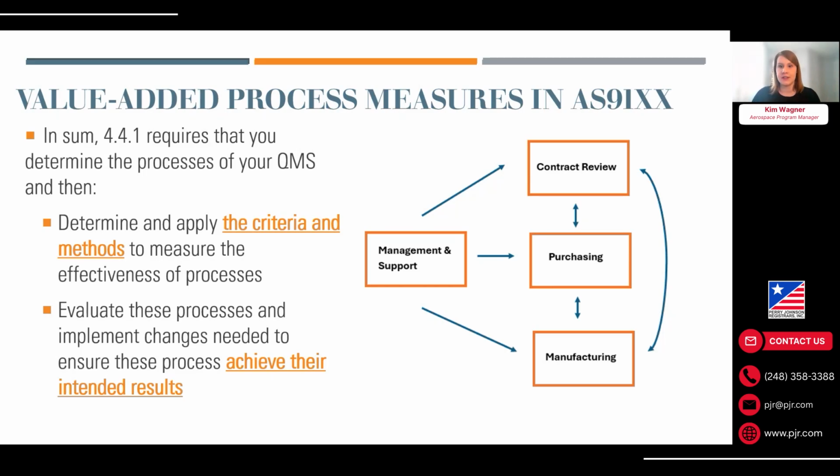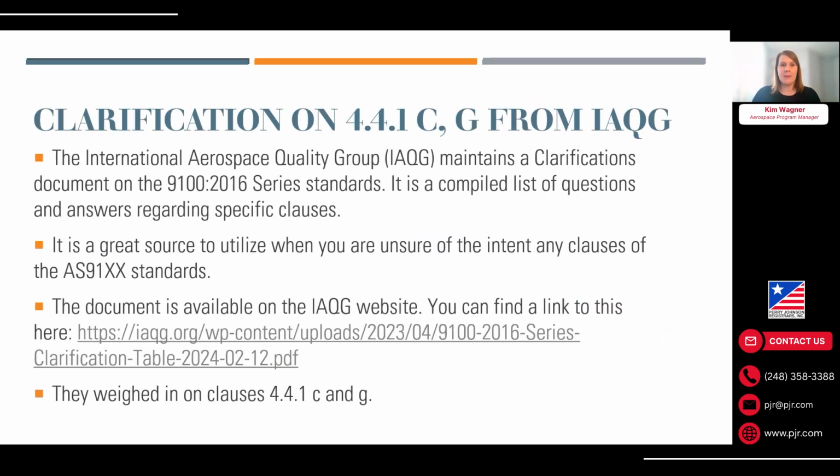Now, I'm going to bring up a document here that I'm going to refer to a few times throughout this presentation. The International Aerospace Quality Group, the IAQG, which is the body that publishes these standards, also maintains a clarifications document on the 9100 2016 series standards. It compiles a bunch of different questions and answers regarding these specific clauses. It's a really useful resource to have on hand.